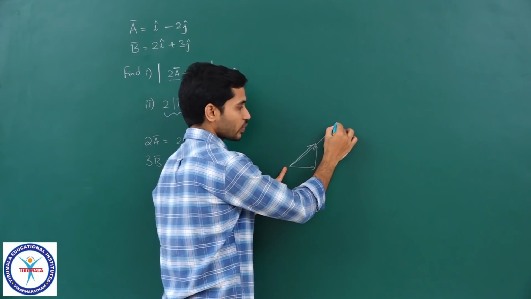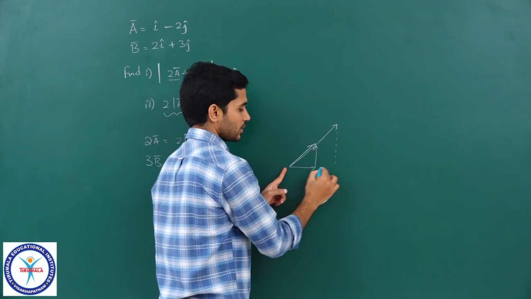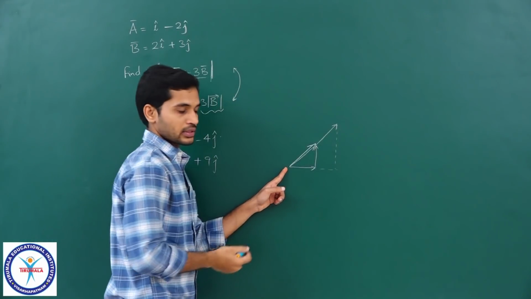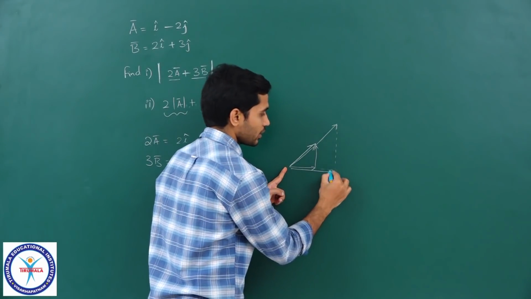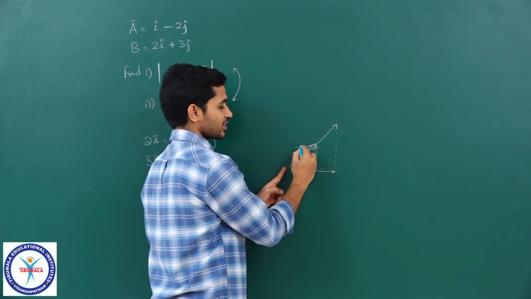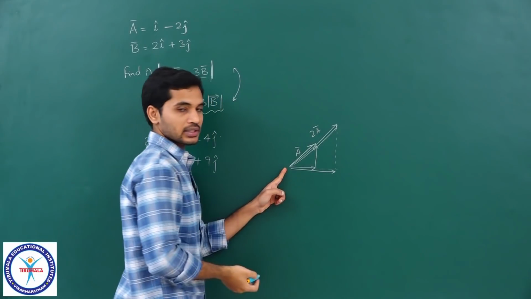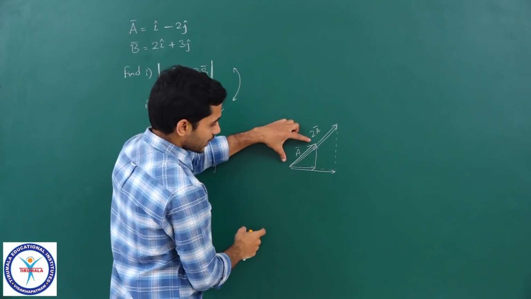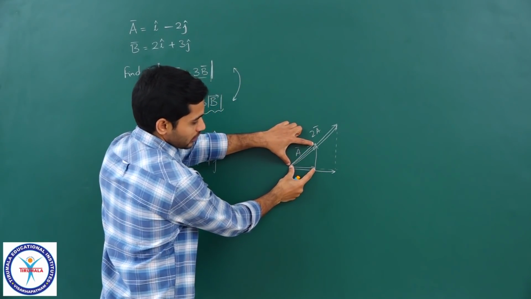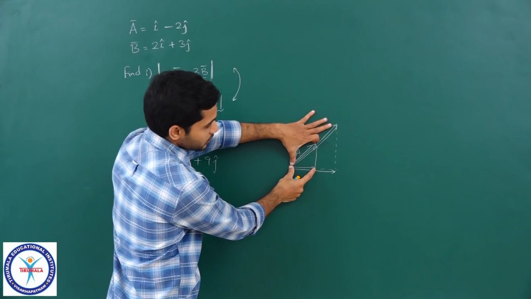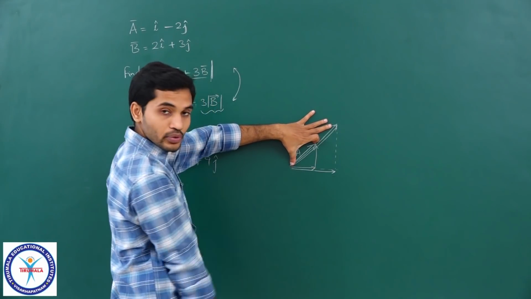Now, when I resolve this vector also in this manner, can I say that this length will be the component of that? If this small vector is a bar, then this big vector will be 2a bar, correct? If this small vector has this as the x component, can I say that this big vector will have this as the component once again?